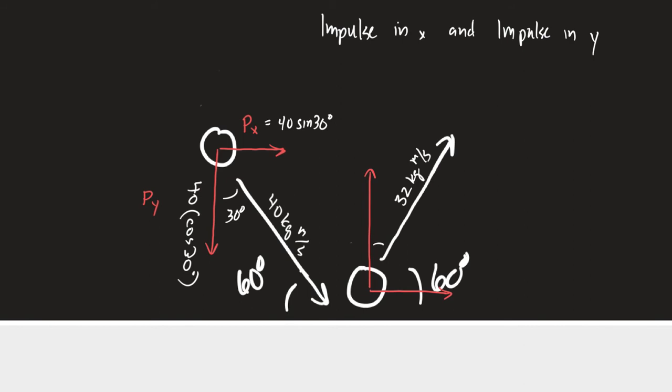I'm going to recognize that this is 30 degrees. It has to be. So this is going to have to be 32 cosine 30 degrees. And this one's going to have to be 32 sine 30 degrees.